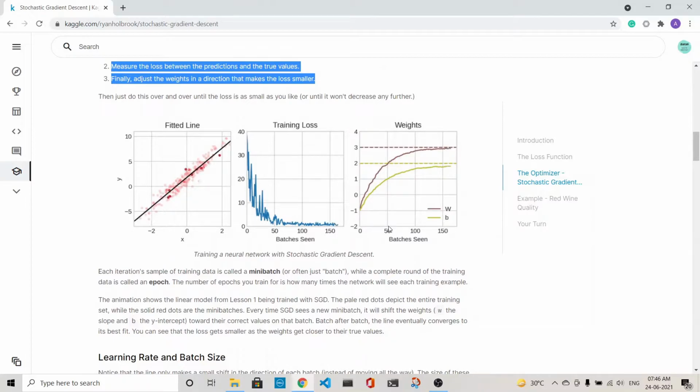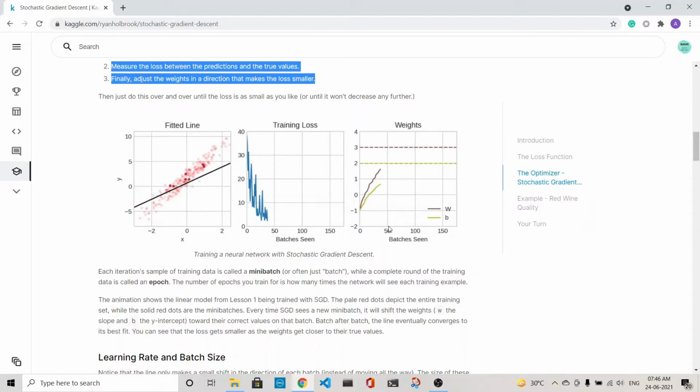Now, you will come across these terms quite often. What is a mini batch? Each iteration sample of the training data is called a mini batch, while a complete round of training data is called an epoch. Why is the epoch different from the mini batch?